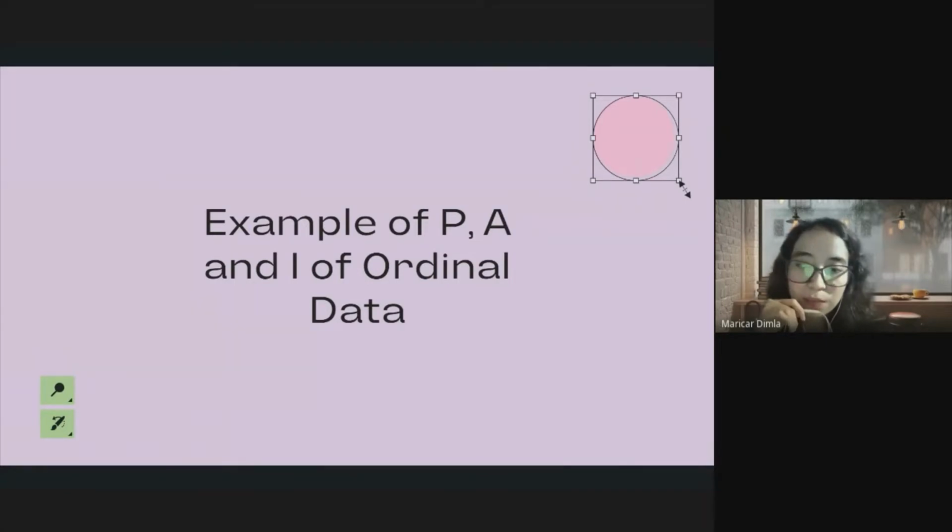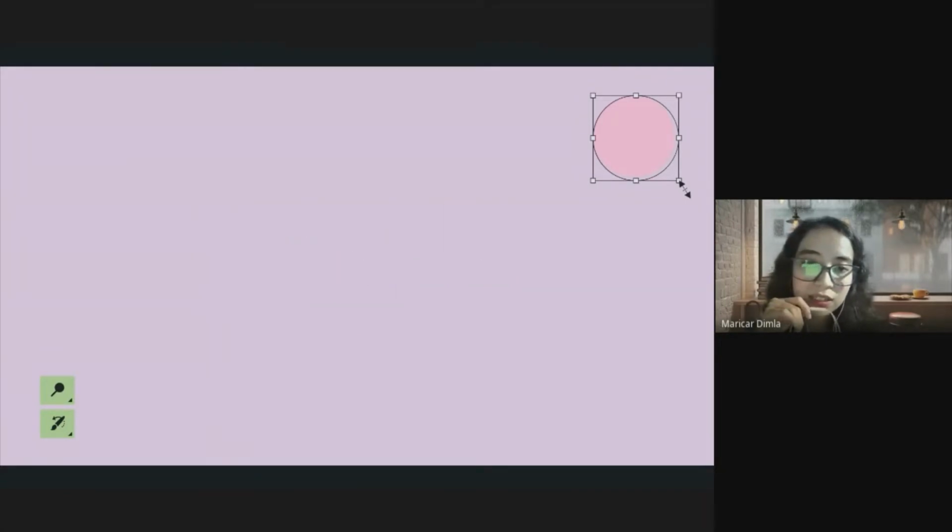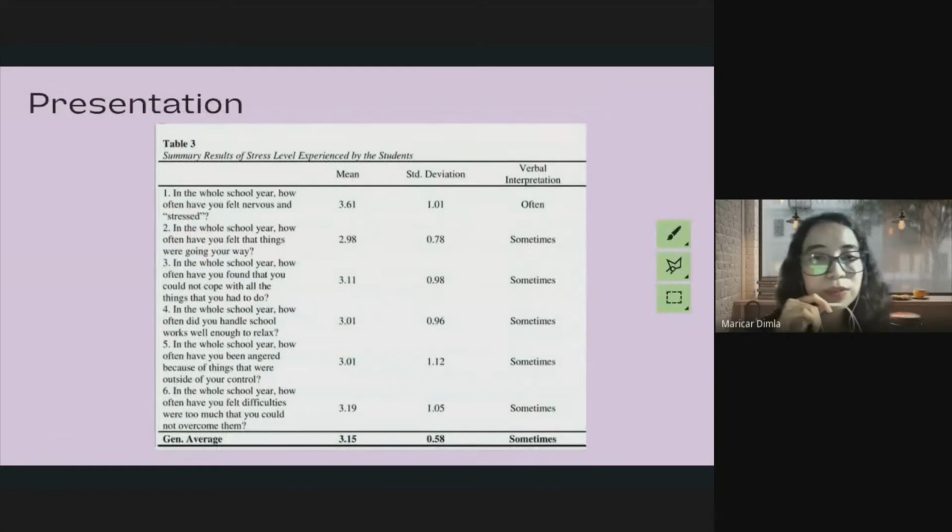So class, example of ordinal data class is yung, tignan ng mabuti class ang inyong instrument. Baka gagamit kayo ng Likert scale. It falls under ordinal. Okay, yung mga instrument class na answerable by agree, strongly disagree, ganon.